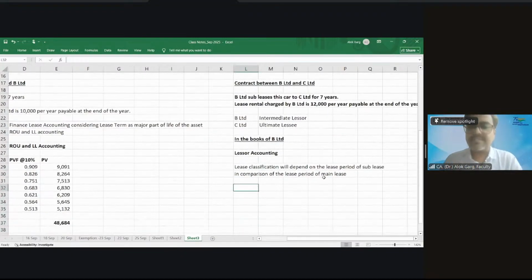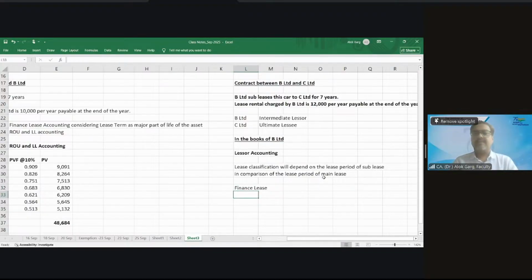So in this case, what is your sublease period? 7 years. What is your main lease period? 7 years. So here it is 100%. So what is the classification in case of lessor B? What will the lease classification be?